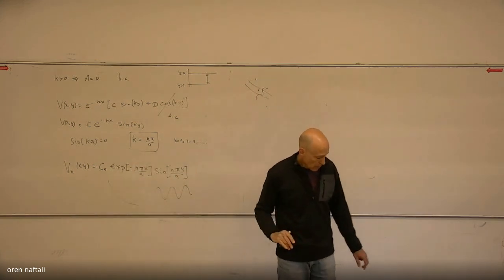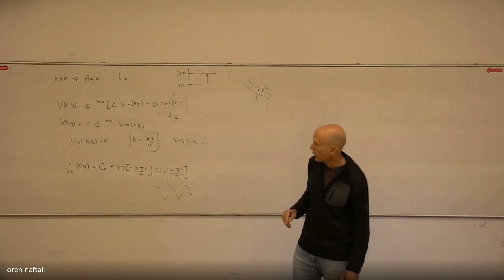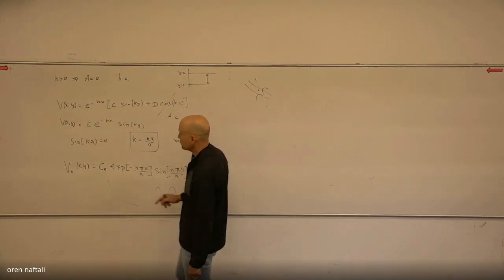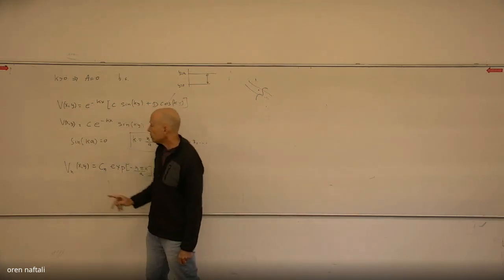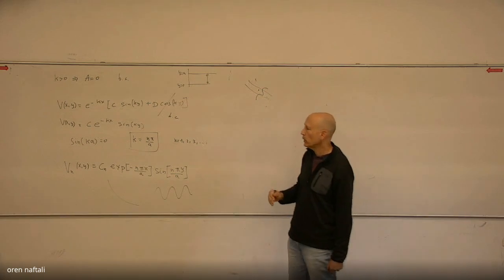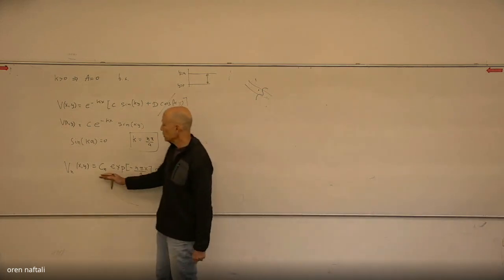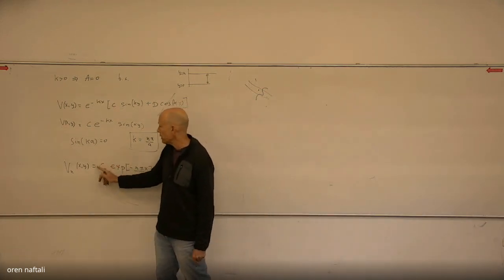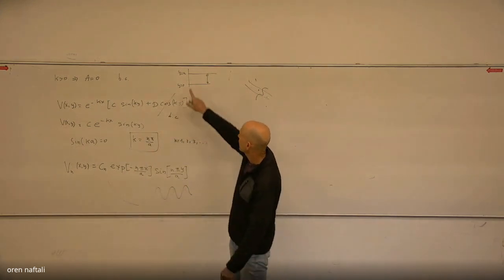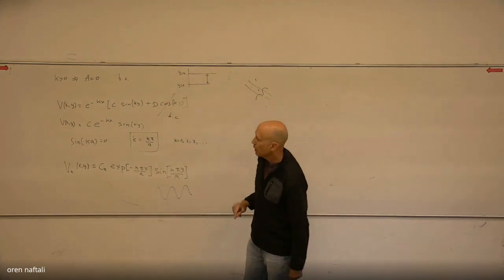for any n. But now we want to have a general solution. And the general solution comes from the fact that the Laplace equation is a linear equation. Because it's a linear equation, we can add solutions with all kinds of C_n's, and these C_n's will be determined by this function that we said here, v0 of y, eventually.